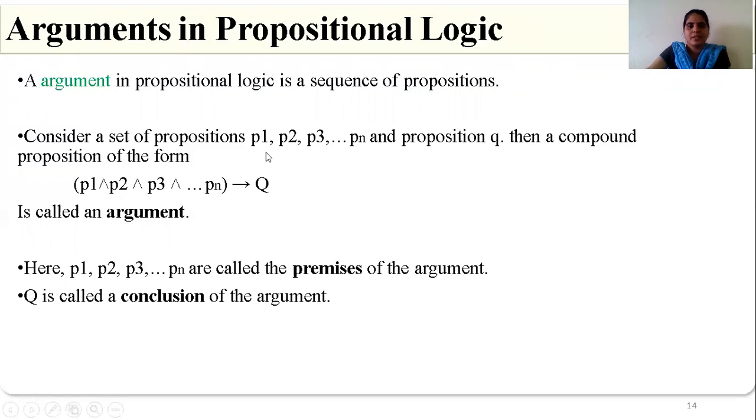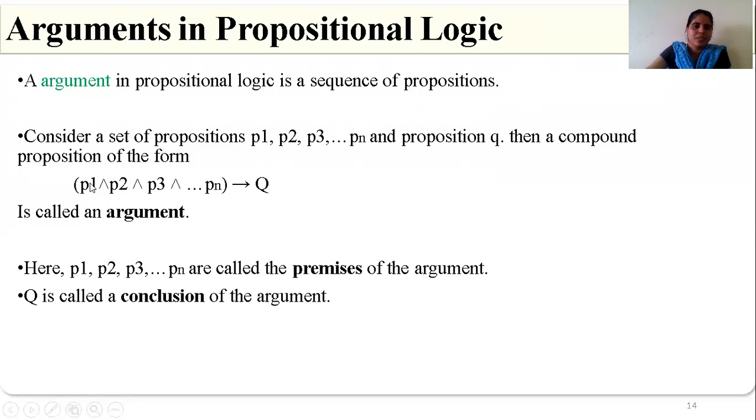Let's consider a set of propositions P1, P2, P3 up to Pn, then the proposition Q. A compound proposition in the form P1 and P2 and P3 and Pn implies Q is called an argument. If you write the sequence of propositions in this format, it becomes an argument.